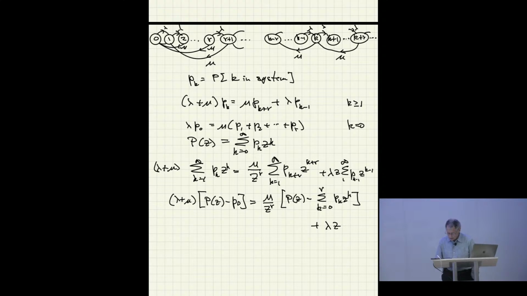I start at 0, so I get P of Z. We've done this so many times, it should be easy, and you should be able to do it correctly on an exam. Okay, instead of collecting all this, now let's take the break, and we'll do the rest of the algebra when we get back.